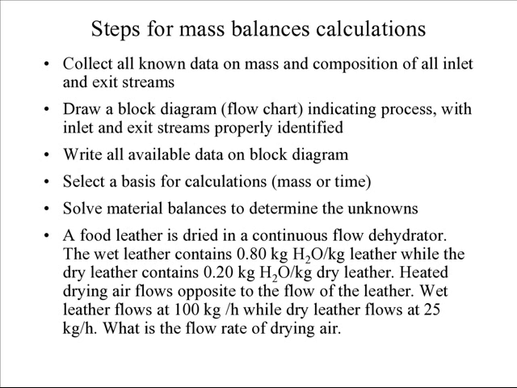Next, we'll write all available data on the block diagram, then we'll select a basis for calculations, mass or time. That would be either 100 kilograms, for example, or maybe per hour. Then we solve the material balances to determine the unknowns. Normally with these problems, there's a particular quantity, a particular stream that we don't have the amount for, and that's what we're solving the material balance for.